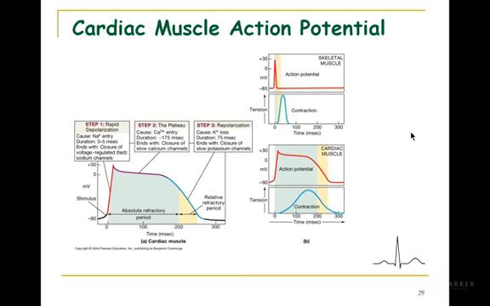Or not longer, it's shorter. So having the refractory rates the way they are, it does limit heart rate. So if you have a longer refractory period, you're going to have a slower heart rate.